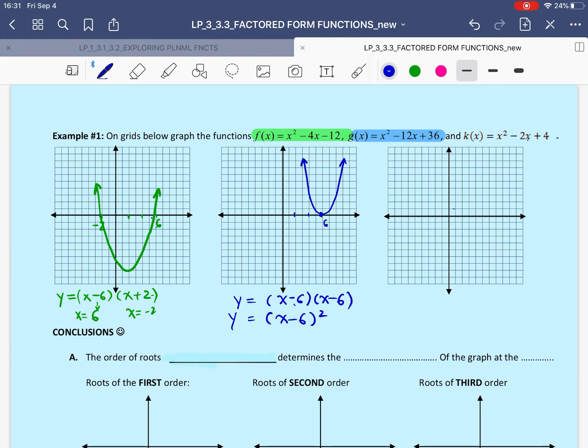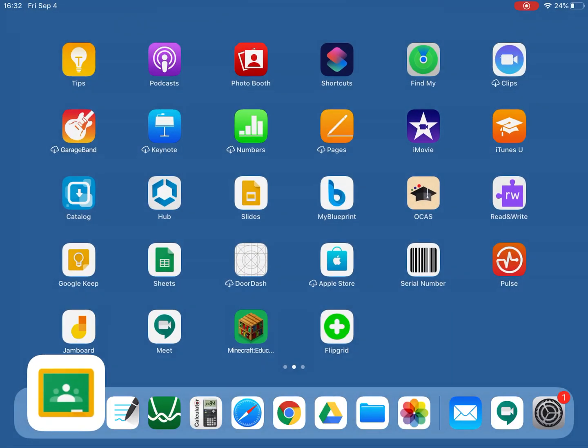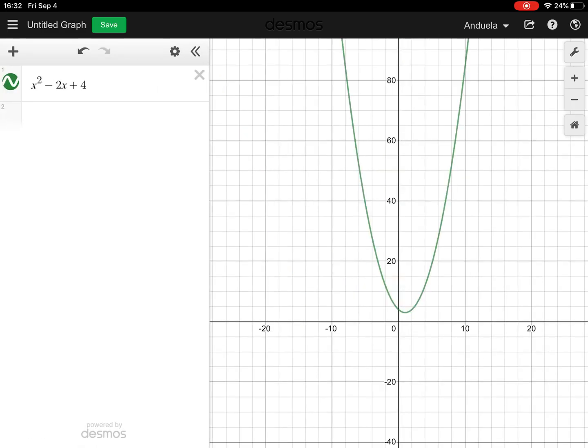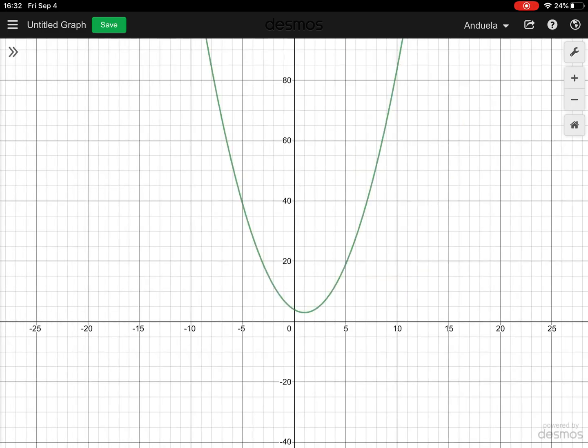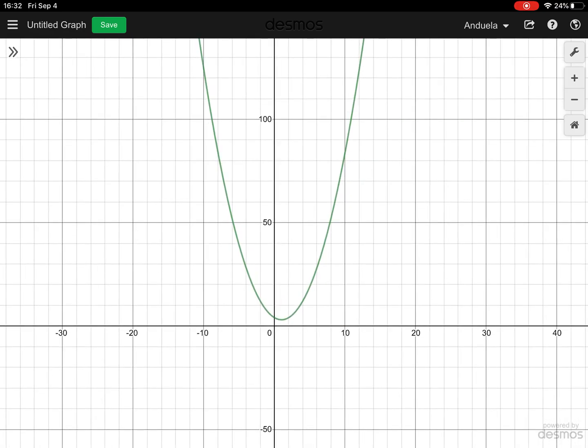The last example, k of x equals x squared minus 2x plus 4. If we try to graph it by using the factored form of it, we won't be able to because we cannot factor x squared minus 2x plus 4. Out of curiosity, I'm just going to use Desmos and graph this. X squared minus 2x plus 4, I already did that in there, will be the parabola.